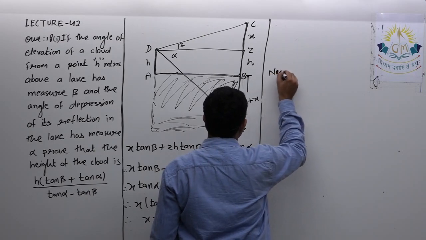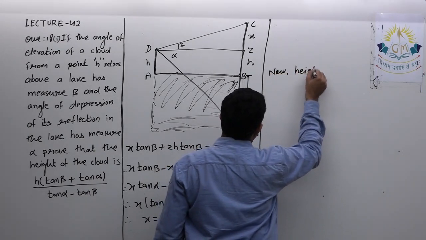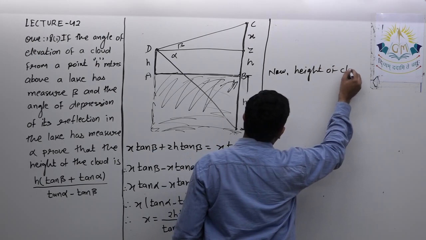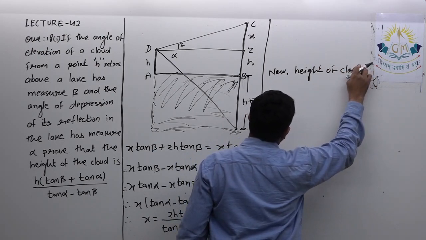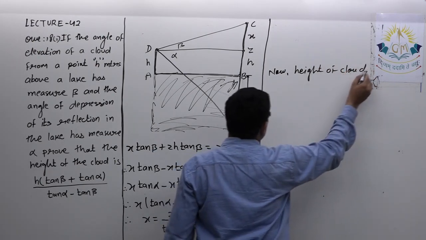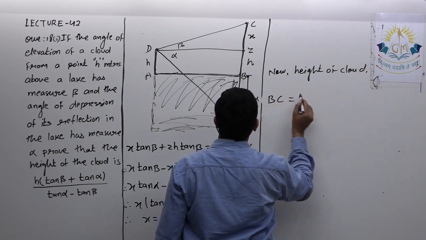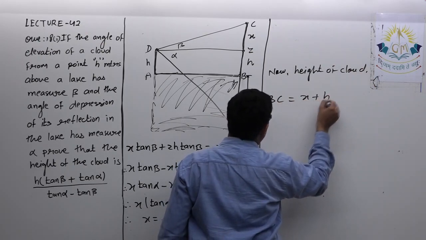So now, height of cloud BC is equal to x plus h.